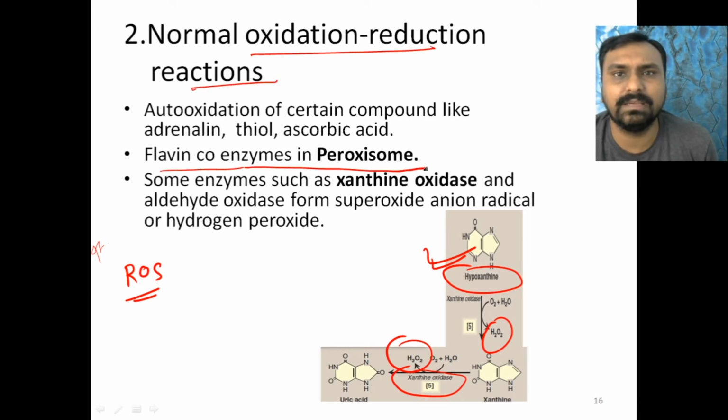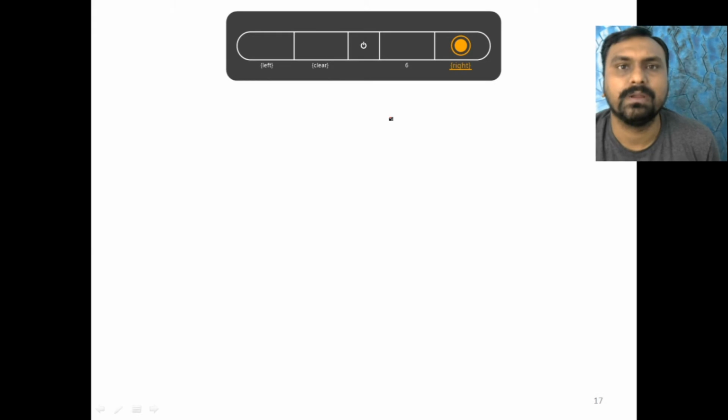The flavin coenzyme in the peroxisome takes part, and some enzymes such as xanthine oxidase and aldehyde oxidase form the superoxide anion radical or hydrogen peroxide. Auto-oxidation of certain compounds like adrenaline, thiol, and ascorbic acid also produces the reaction.